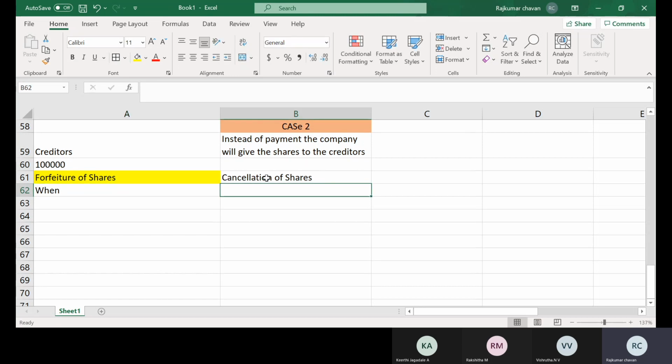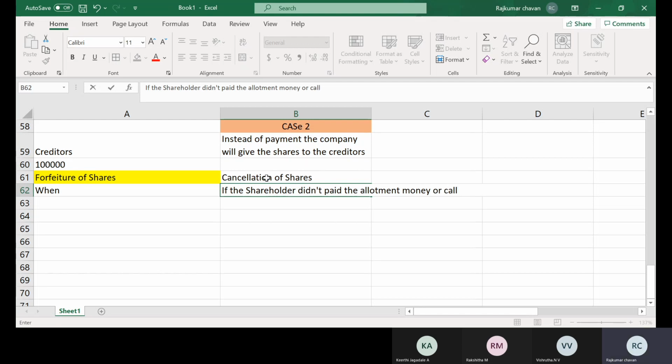When we cancel the shares, if the shareholder did not pay the allotment money or call money, then the company will decide to cancel the shares of the shareholder.